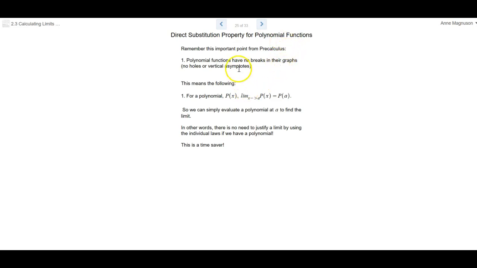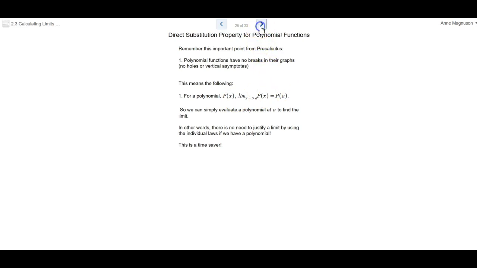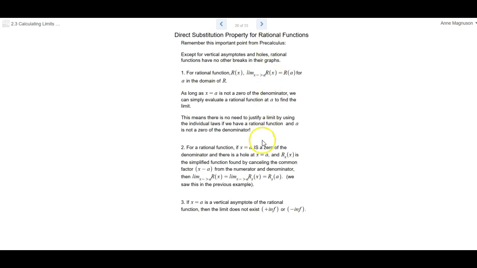So if you have a polynomial function, you can simply use direct substitution to find the limit. You don't have to justify every single step by using the sum, difference, and constant multiple rules. The same goes for rational functions if a is in the domain of the rational function.